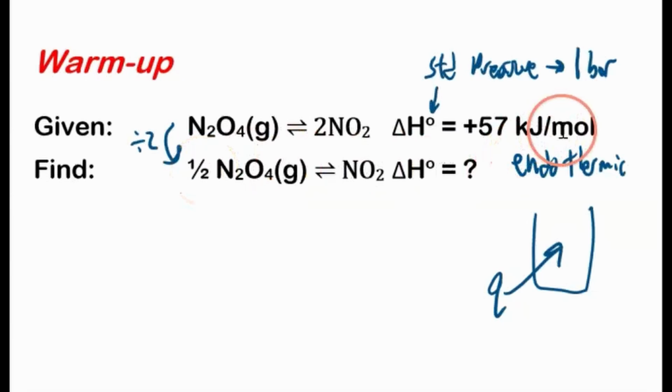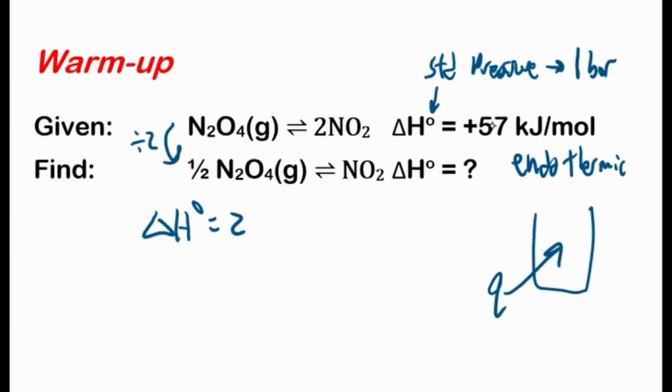And this mole here means per mole of the reaction. So for every 1 mole of N2O4 that reacts, we need 57 kilojoules of energy as heat. If we only have half the amount of moles, then our delta H naught is going to be half of this.